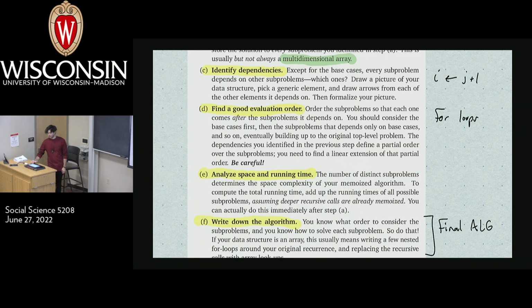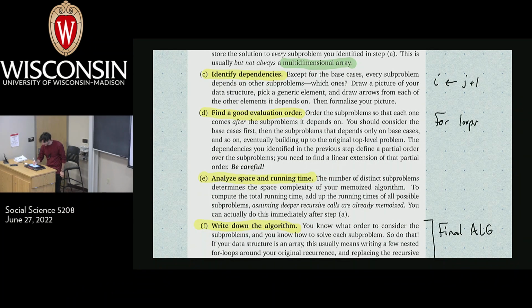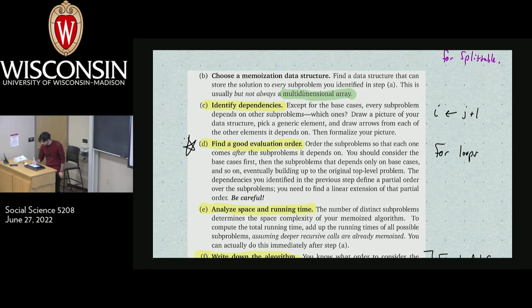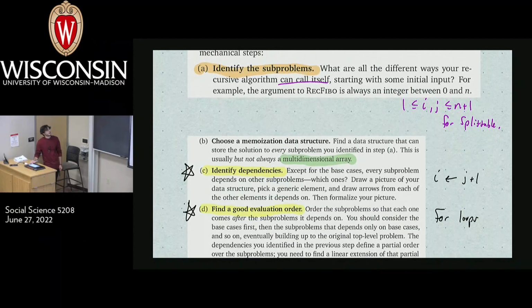But are there any questions so far just about what these are asking for? The most important parts are the evaluation order and the dependencies. The data structure doesn't really matter. Identify the subproblems is kind of built into all of it.